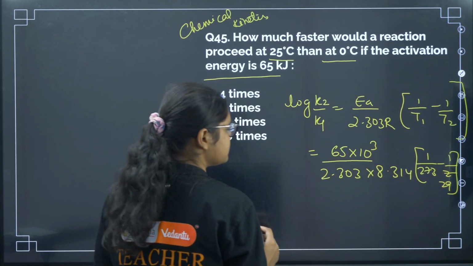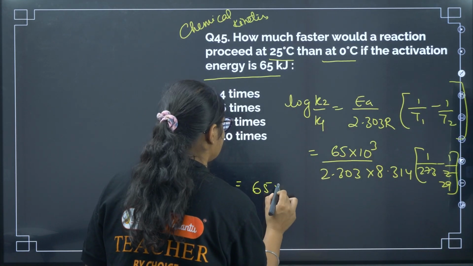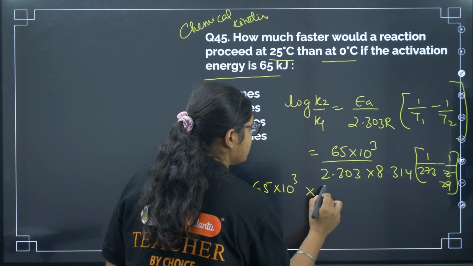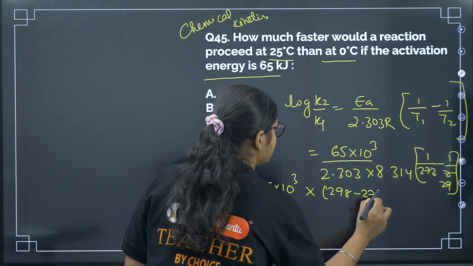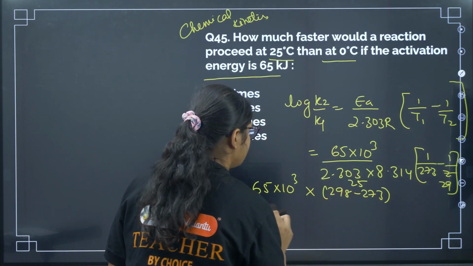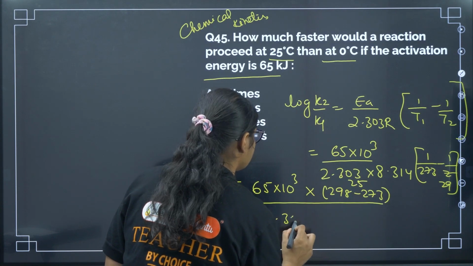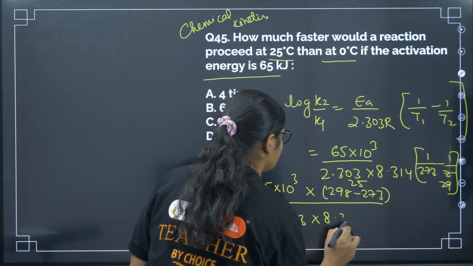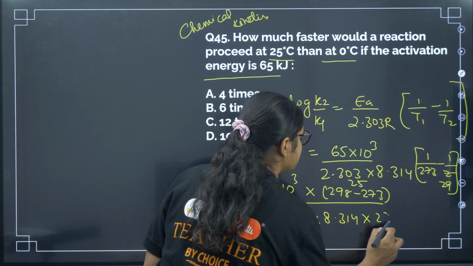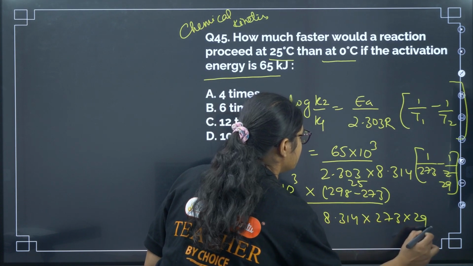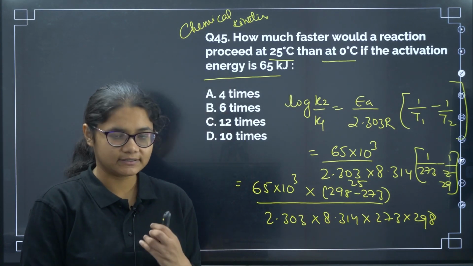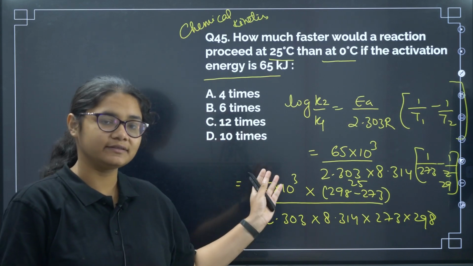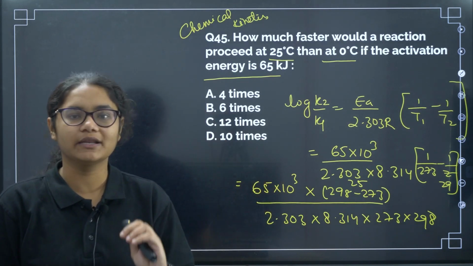So if we solve this value, we'll get 65 into 10 to the power of 3 into 298 minus 273, right? That is nothing but equal to 25. Then divided by 2.303 into 8.314 into 273 into 298. So this one will have a little big calculation. In some questions you have to save time and use it for calculation.